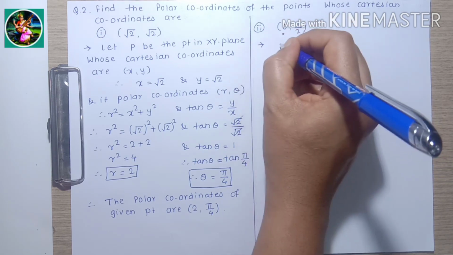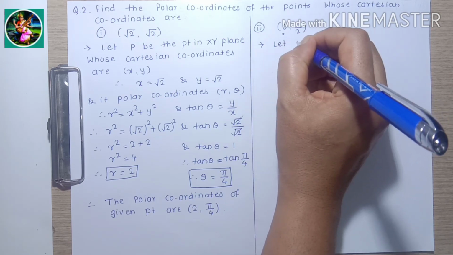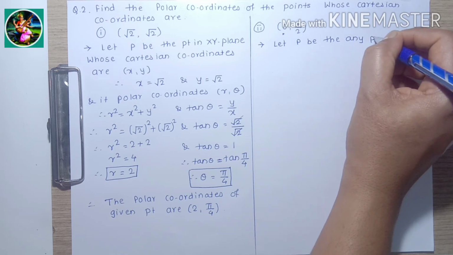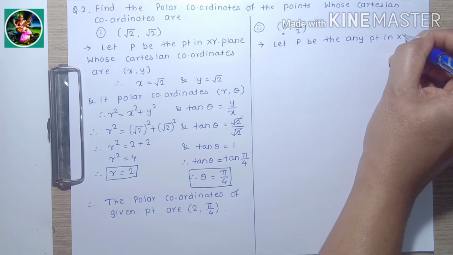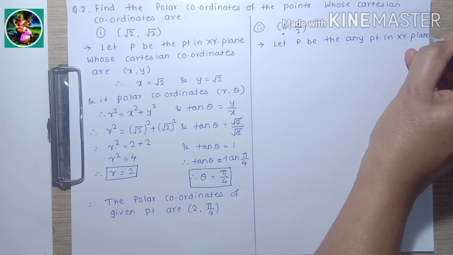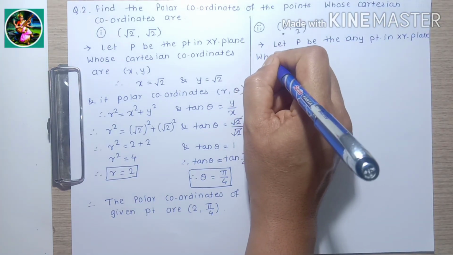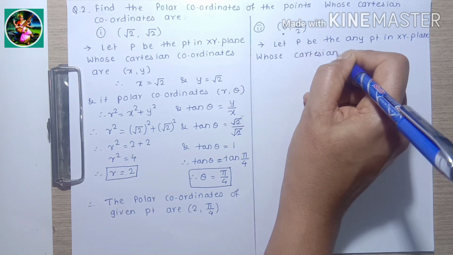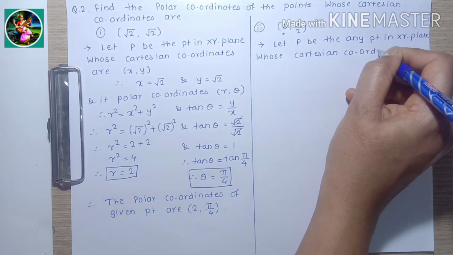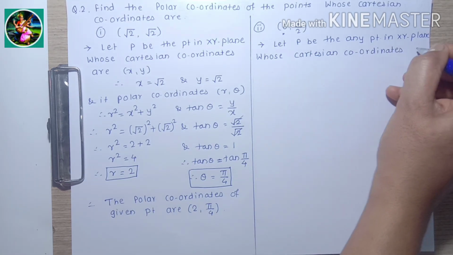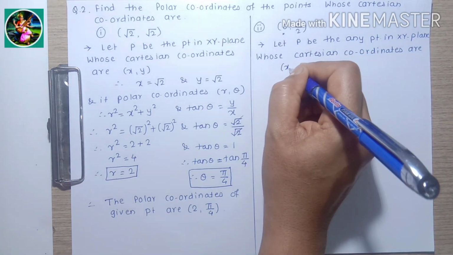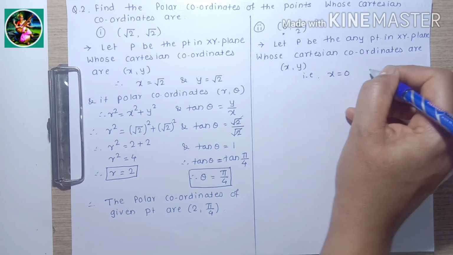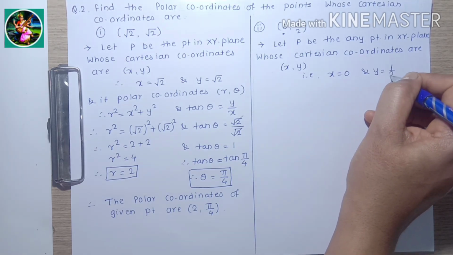First we consider, let P be any point in the xy plane whose Cartesian coordinates are x, y. That is, here given that x is equal to 0 and y is equal to 1/2.